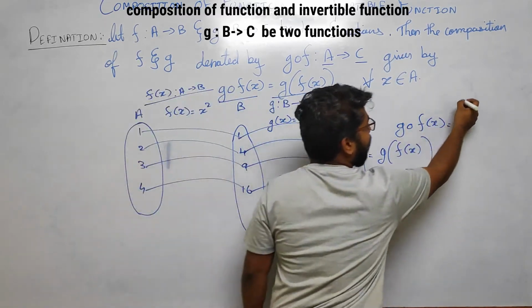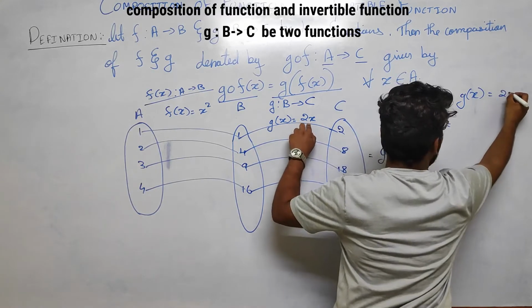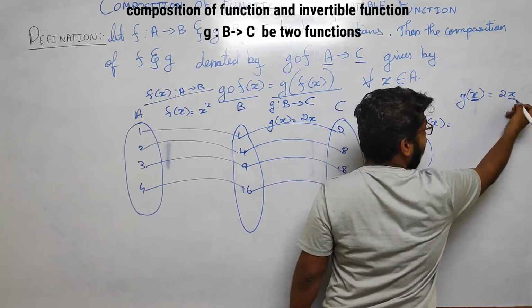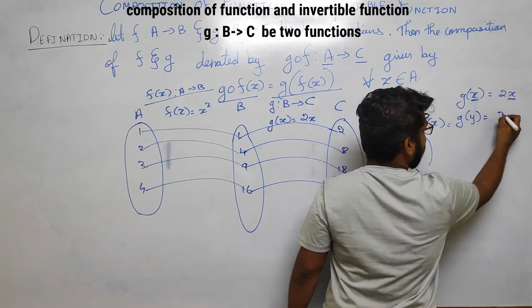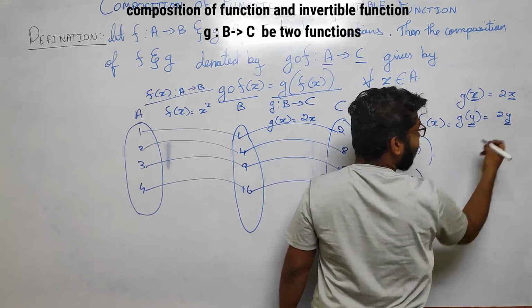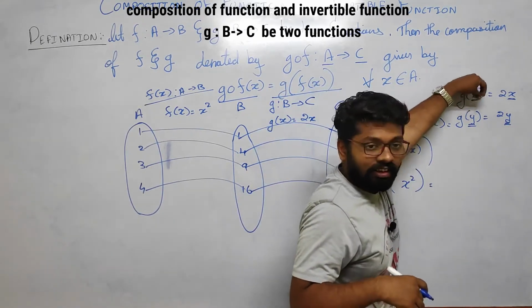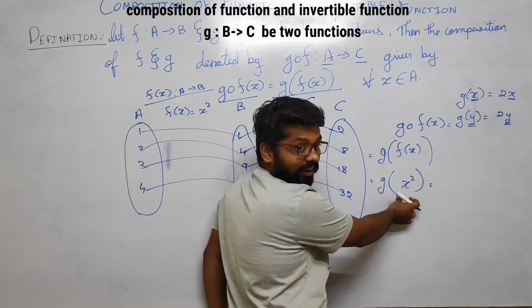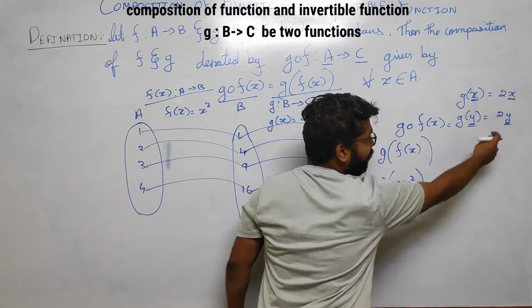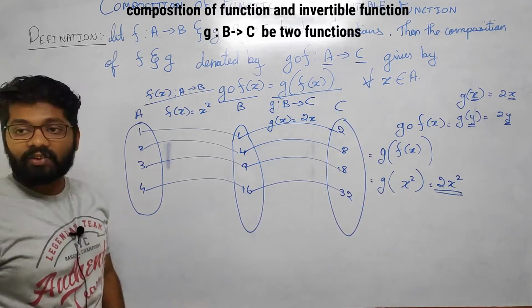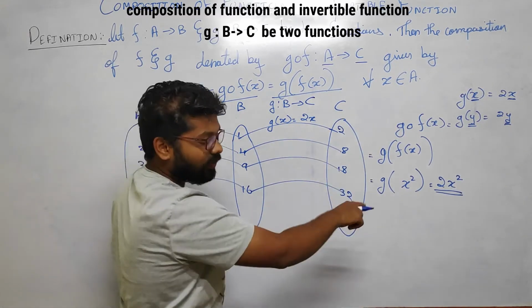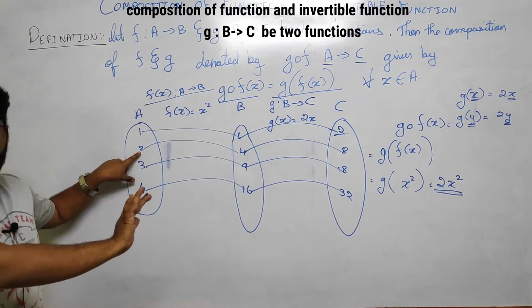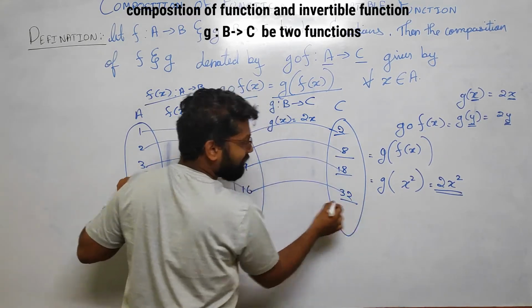See here, g(x) is equal to 2x, correct? Now what has come here? x. Whatever you put here, that will be your output. Okay, that is clear. So in this case I have put x square, so what will the output be? 2x square will come, meaning 2 is already present and x square. Now if you observe, put 1: 1 square is 1, 1 into 2 is 2, answer directly 2. Put 2: 2 square is 4, 4 twos are 8. 3 square is 9, 9 twos are 18, and this will also become 32.